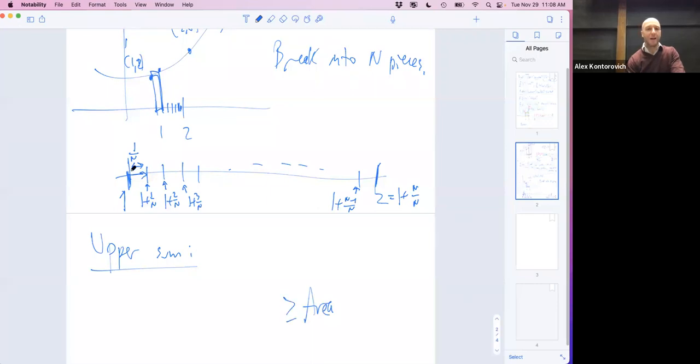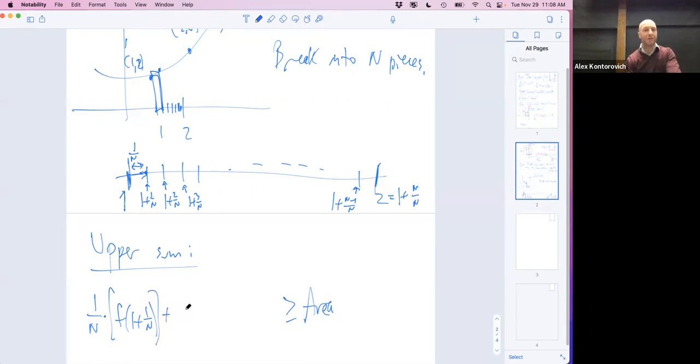Okay, so an upper sum, in other words, an upper bound for the area, is bounded above by, what's the width of this first rectangle? 1 over n. What is the height? Yes, it's f of this right endpoint, f of 1 plus 1 over n. Okay, that's that first little rectangle.